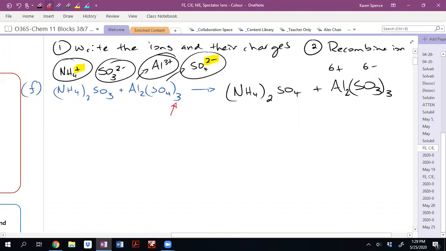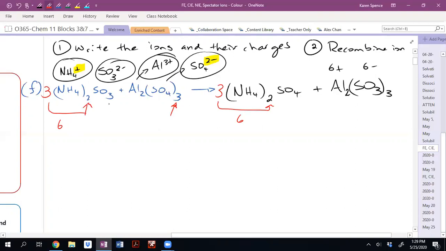So I have a lot of SO4s. I've got 3 of them. So what if I put a 3 here? Well, that now means that I have 6 NH4s. Over here I have 2 NH4s, so I would need to put a 3, right? Because that would then give me 6 NH4s.